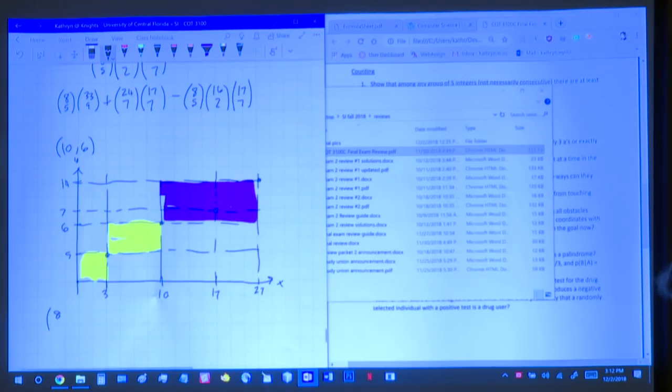So I'll write that down here. 8 choose 5, 33 choose 9, plus 24, 7, 17, 7, minus 8 choose 5, 16 choose 2, 17, 7.